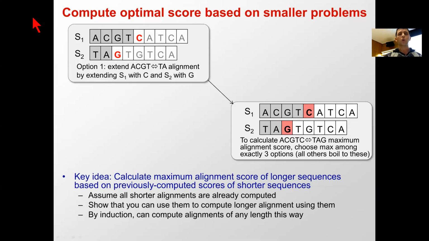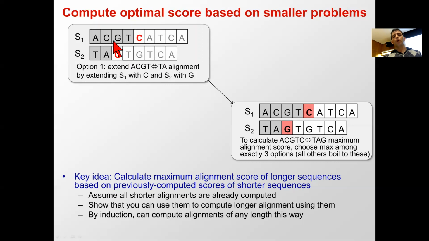Okay? So the first option is to extend the ACGT alignment by adding a C to one sequence and adding a G to the other sequence. So by extending the S1 prefix by another letter and extending the S2 prefix by another letter. Everybody with me here? And what's that score?